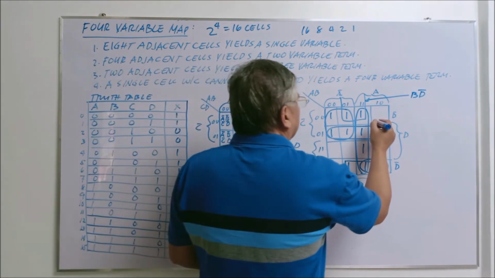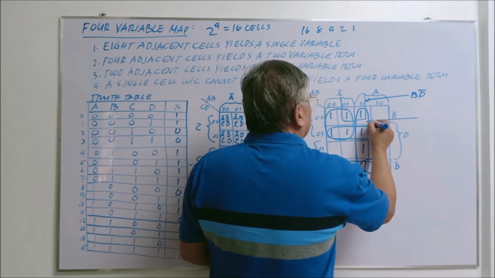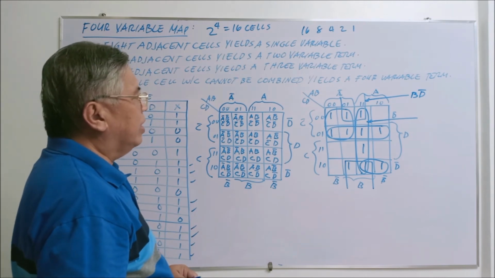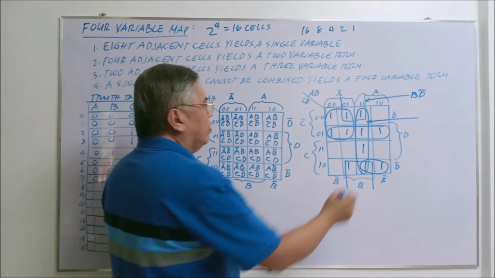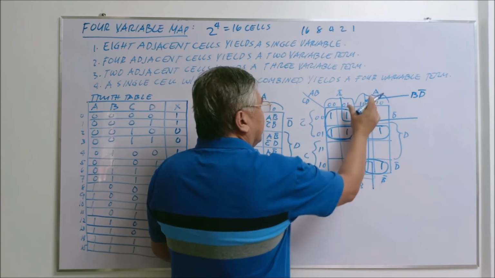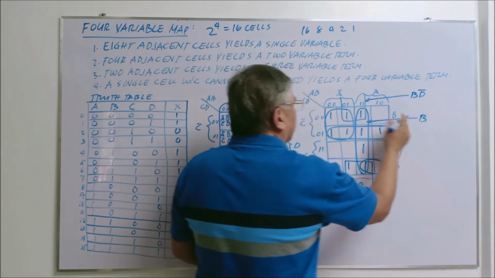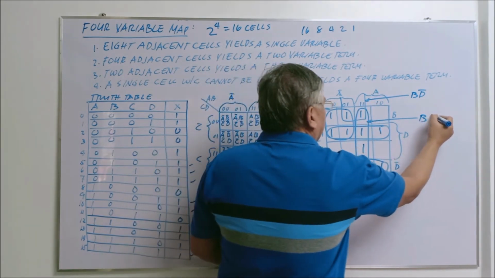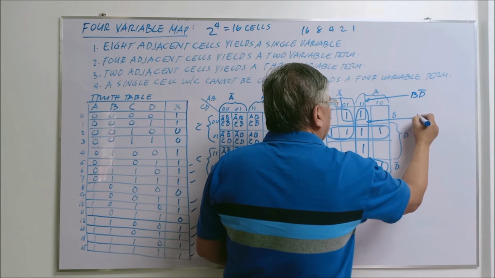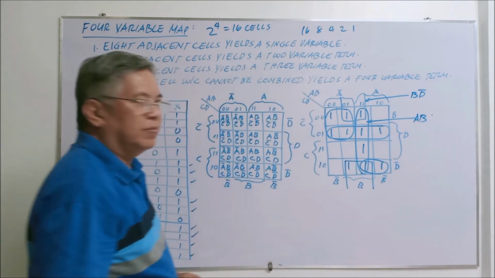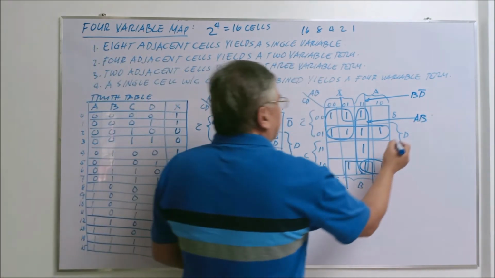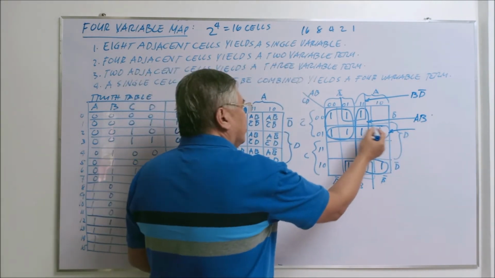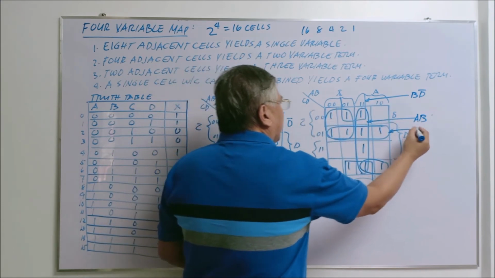How about this one? Okay, this line. 4 adjacent cells in line. So this belongs to B, and then at the same time belongs to A. Okay? Or you can say A, B. And then this one here, this line, this belongs to C bar.